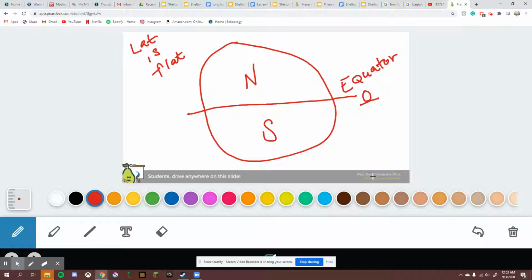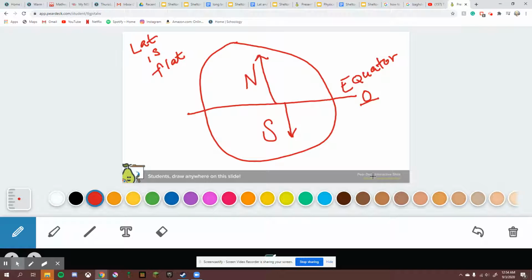The reason that the 0 is important is because the lines of latitude start here and they go up, and then they start here and they go down. Now, this is super important because it's the same numbers going up as they are going down. The only way you're going to know whether to go up here or down here is based on the N or the S after the number.